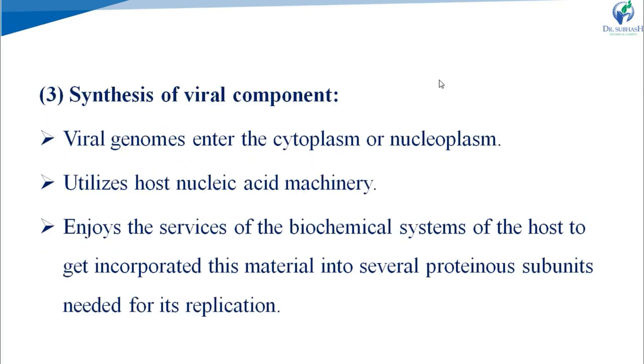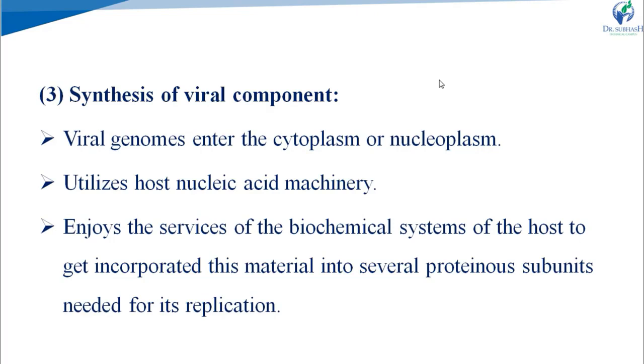Next, synthesis of viral components. When the viral DNA or RNA molecule is released into the host cell, it enters the cytoplasm or nucleoplasm of the host cell, and then it uses the host cell machinery for the synthesis of nucleic acid and protein.